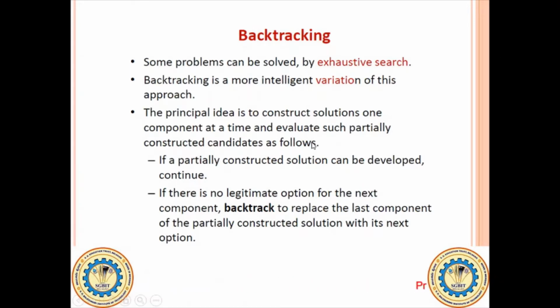Then what happens if that component which we have selected is not going to give us a further result? Then we stop that component, go to the previous step by deleting this component, and see whether we can proceed with the previous component in the same solution or not.